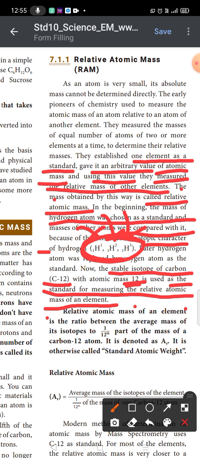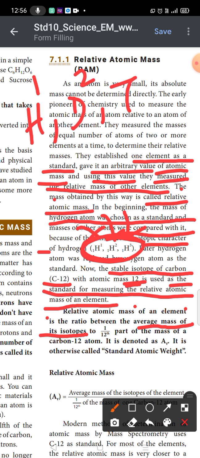The relative atomic mass of an element is the ratio between the average mass of its isotopes. If I take hydrogen, protium, deuterium and tritium, all three have the same atomic number but differ in their mass number, so they are called isotopes of hydrogen.